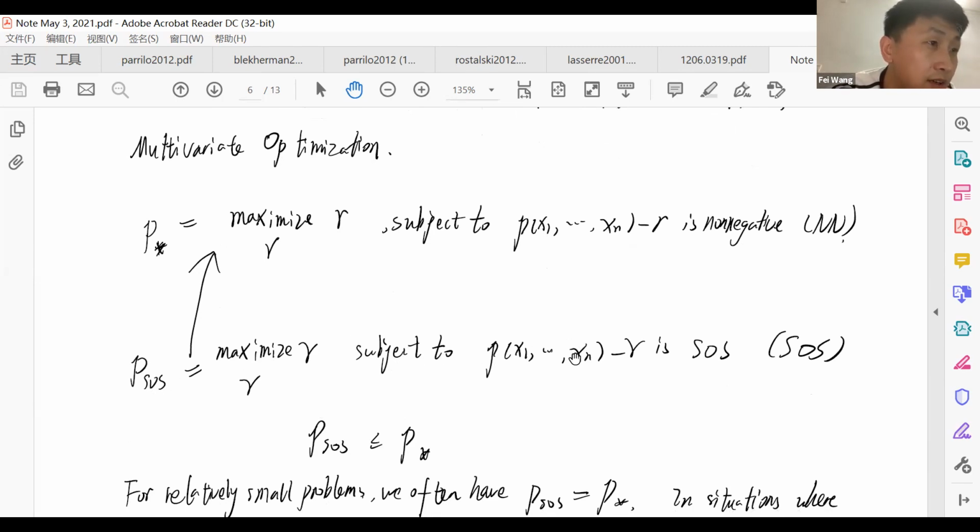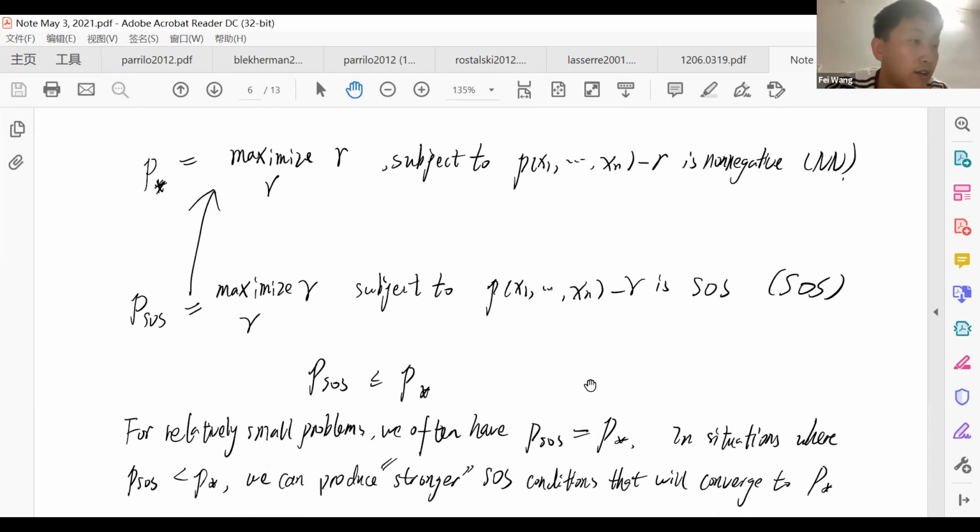So instead we say p(x1, ..., xn) minus gamma is a sum of squares. Obviously p_sos is less than or equal to p star, right?